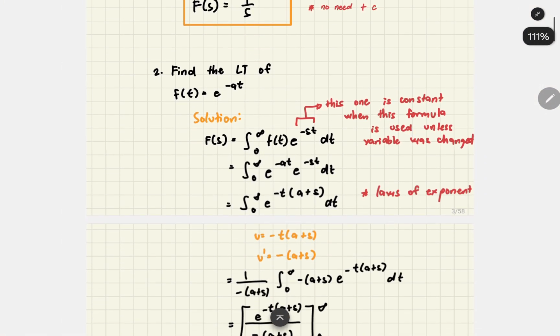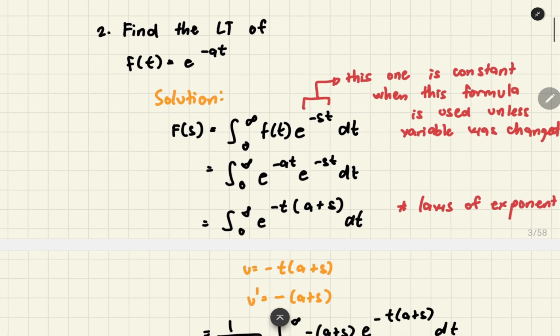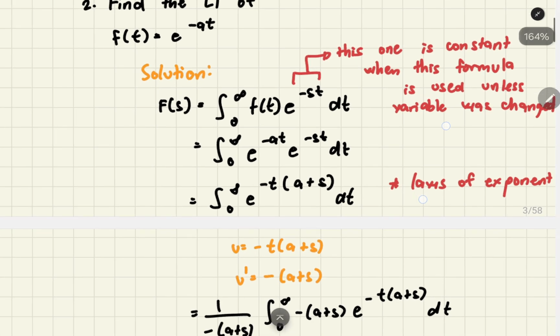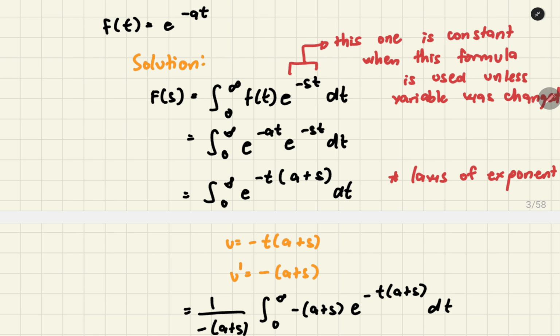Next, another example. Find the Laplace transform of f of t equal to e raised to negative at. From our formula again, take note that in the formula, t is constant unless the variable was changed, for example, if the variable became x and so on.